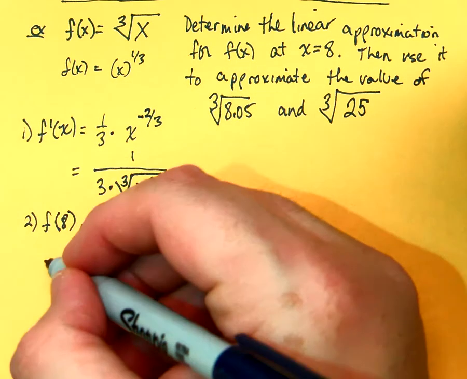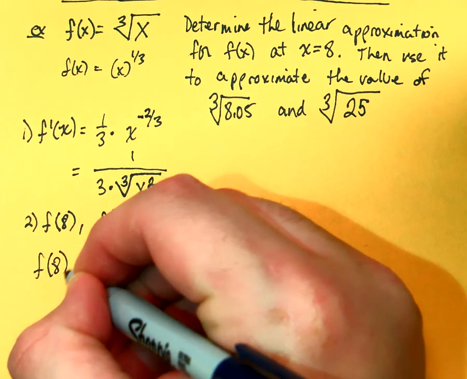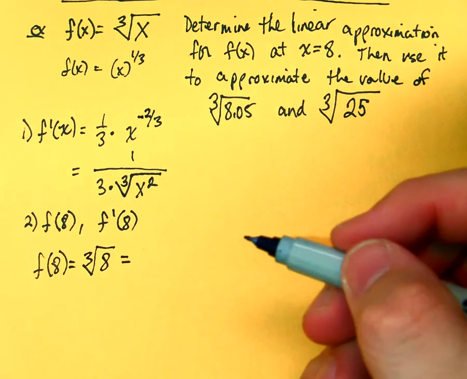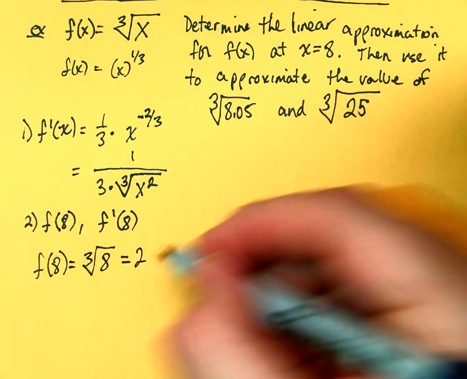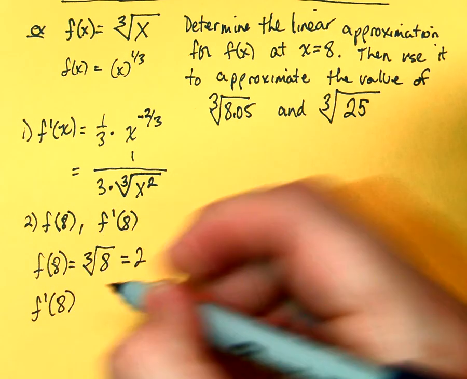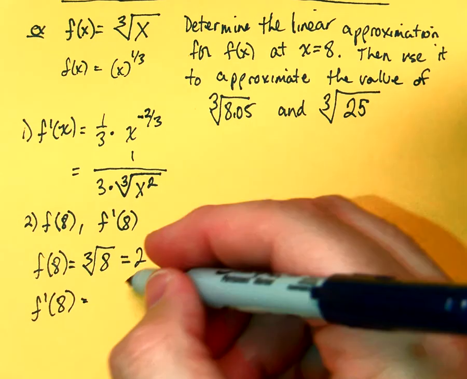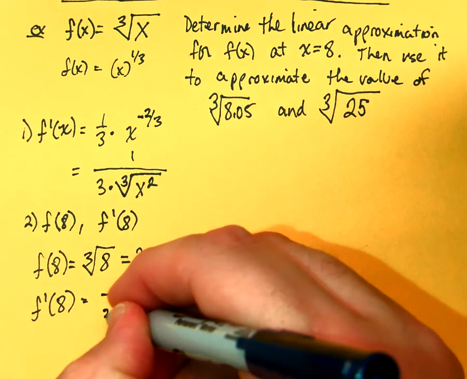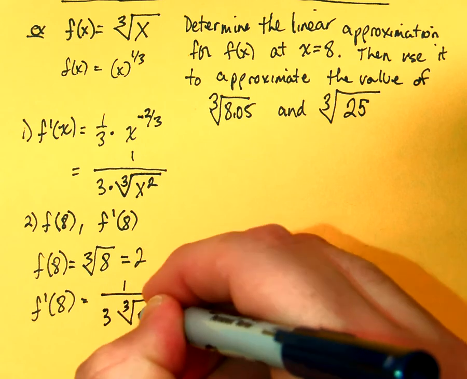So if I take f of 8, that's the cube root of 8, which is what? 2. If I take f prime of 8, this is going to be 1/3 times the cube root of 8 squared.